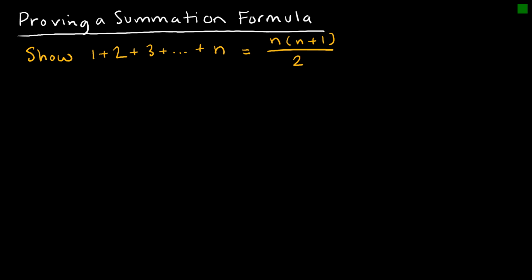So let's take a look at the process of mathematical induction with a summation formula we should be familiar with. That summation formula from chapter 2 says if I add up the integers from 1 to n, then it's equal to n times n plus 1 all over 2. All of this is essentially P of n, the statement that I'm trying to prove is true.